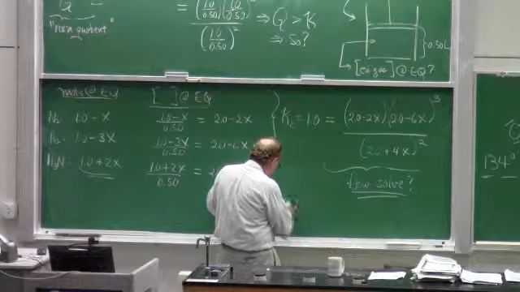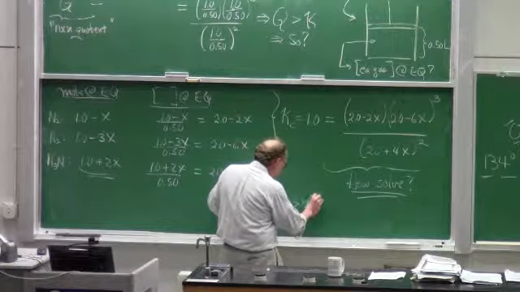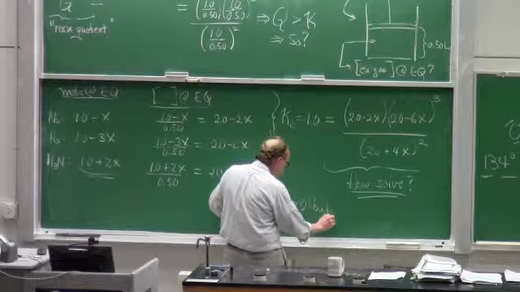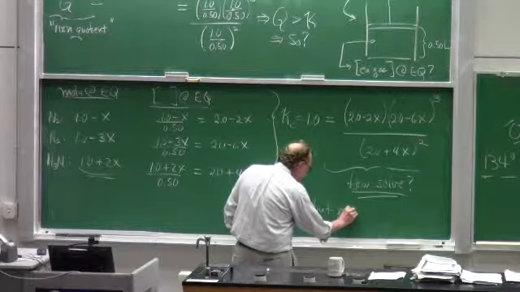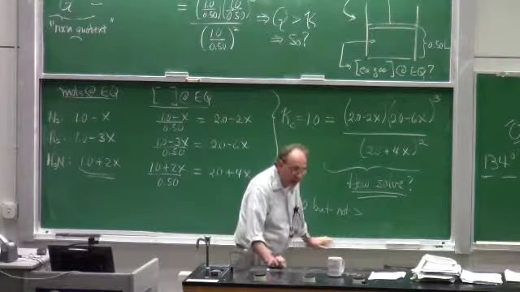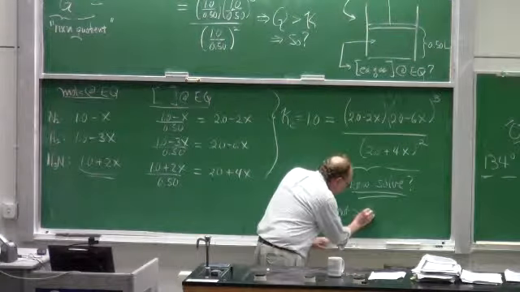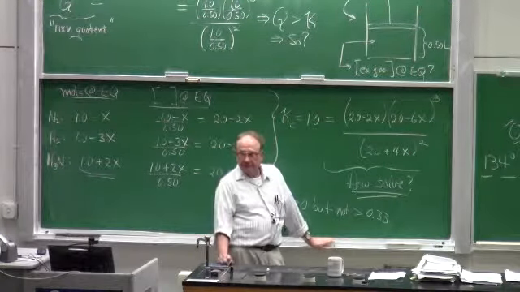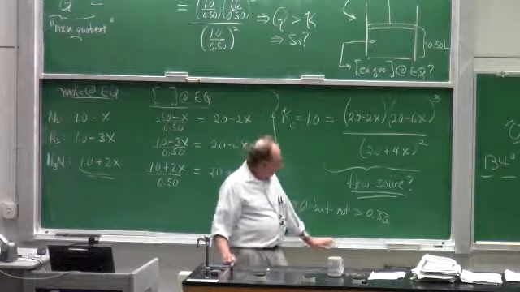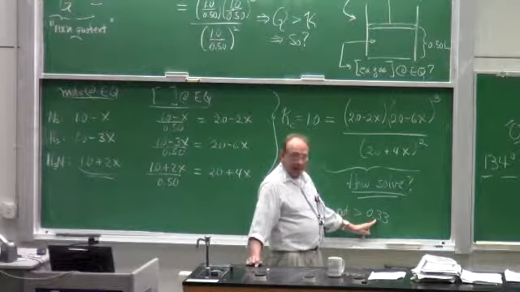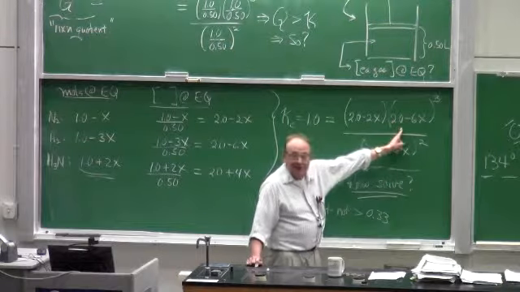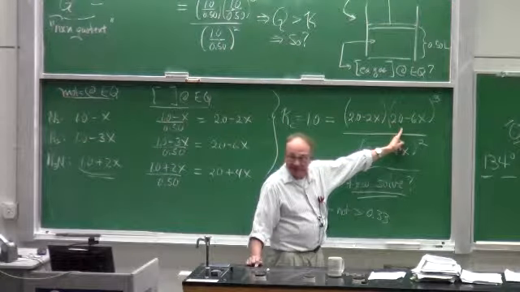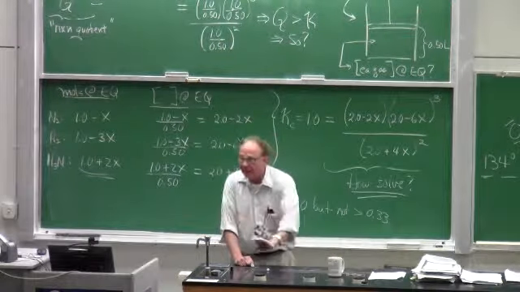X greater than 0, but not greater than what number? 0.33. You hear that? Because if X is bigger than this number, this term is negative. And that ain't possible. So I haven't done anything fancy.